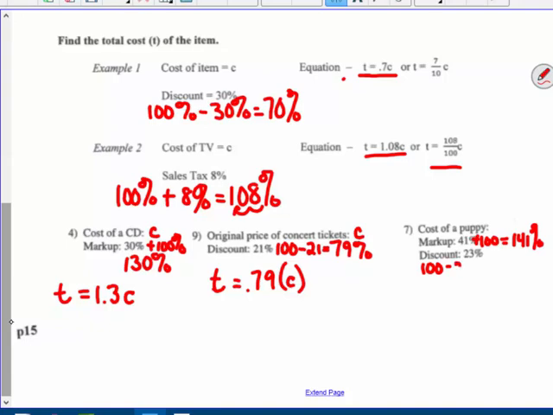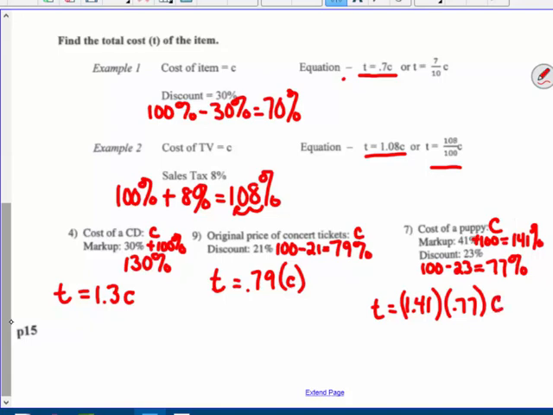Could happen in the real world because they wanted him to sell, so that would give me a 23% discount. So first, the cost of the puppy. So the total would equal the 1 and 41/100ths times the 77 hundredths for the discount times the cost of the puppy.